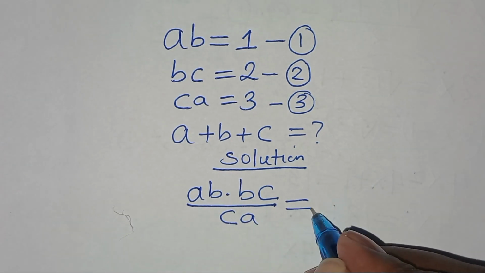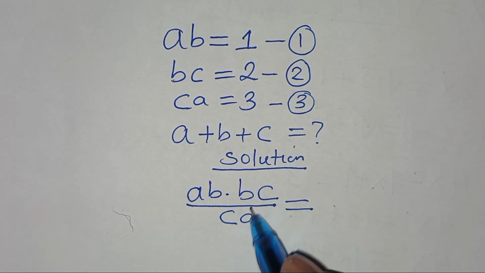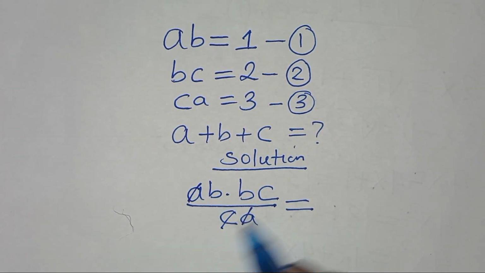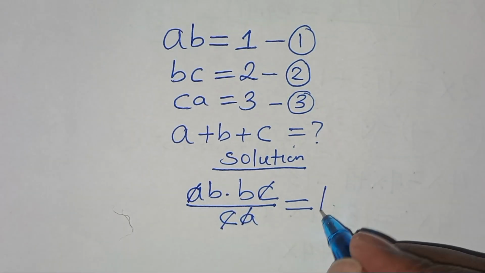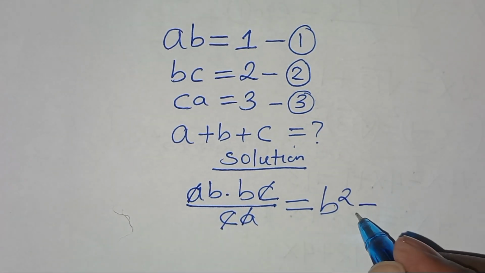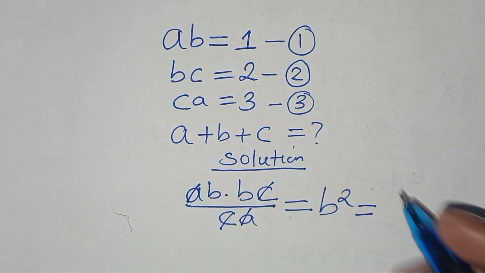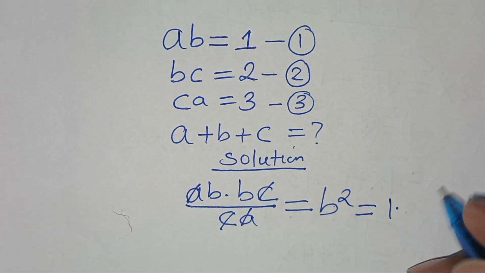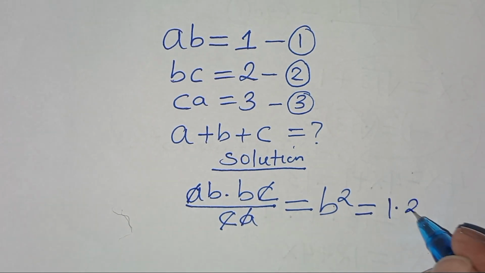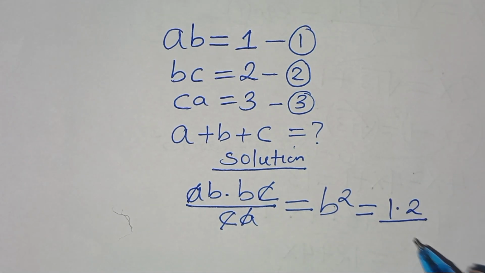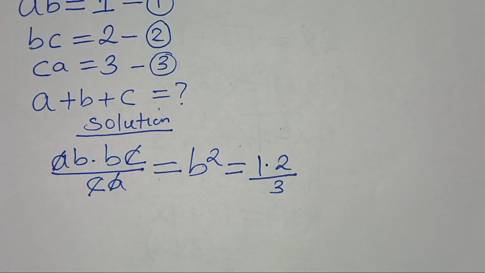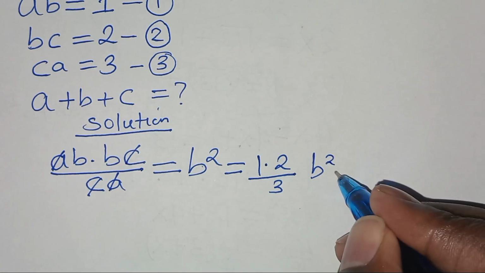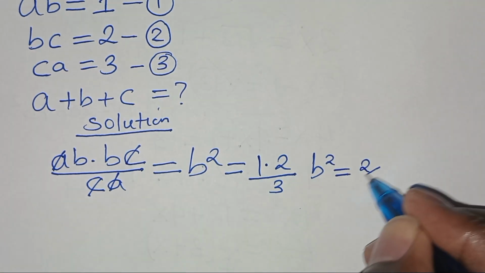So now you can simplify here. C and c simplify, so this is the same thing as b squared, and this is equal to a times b, this is 1, b times c, this is 2, divided by c times a, which is 3. So essentially here, b squared is the same thing as 2 over 3.